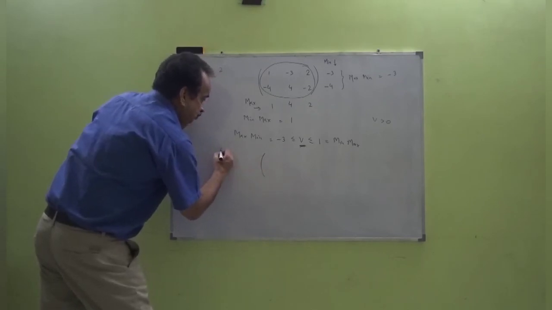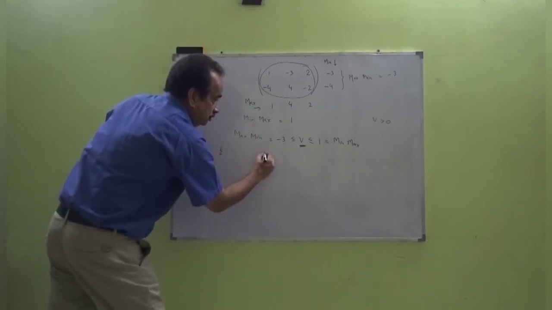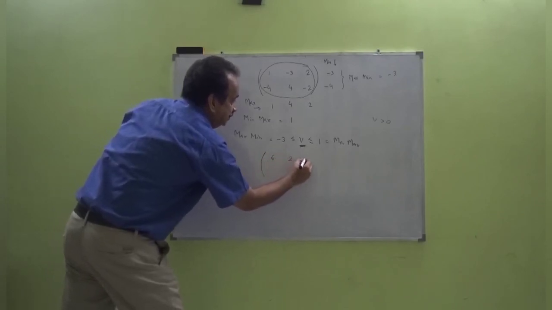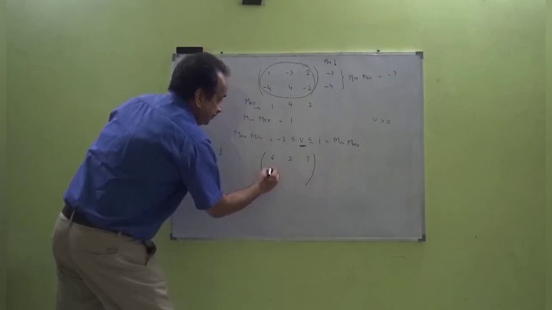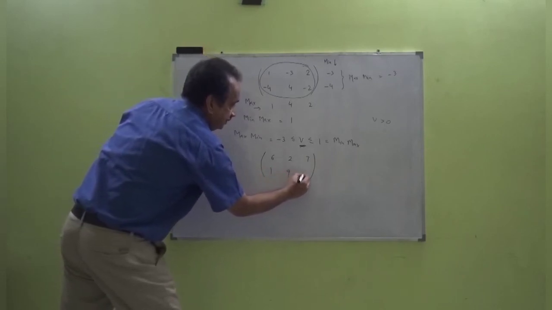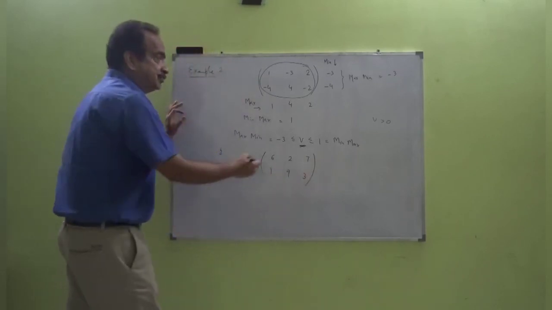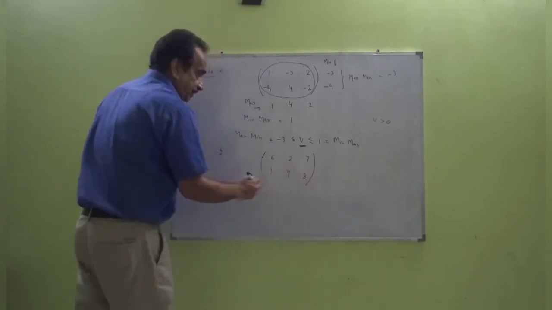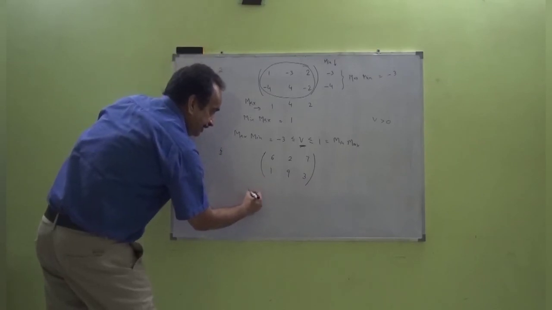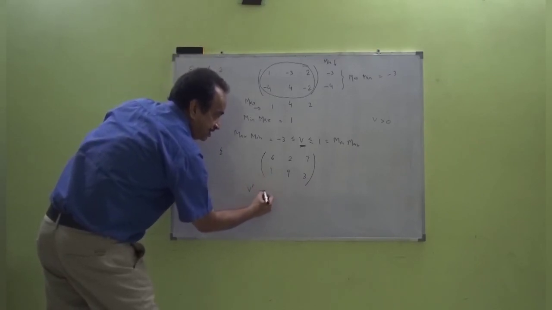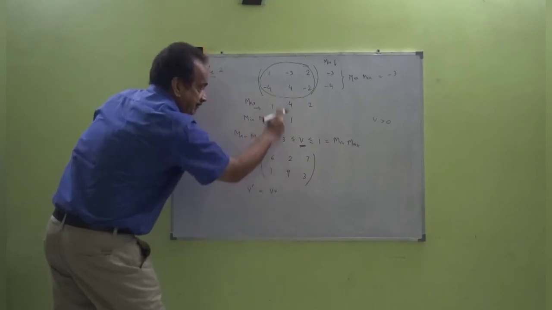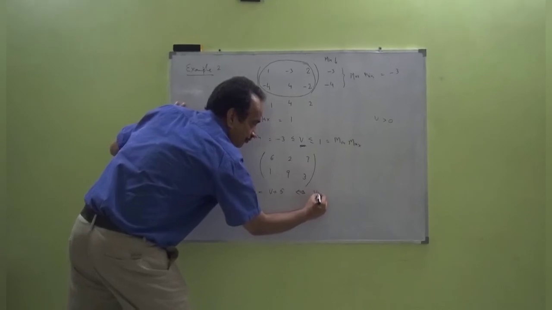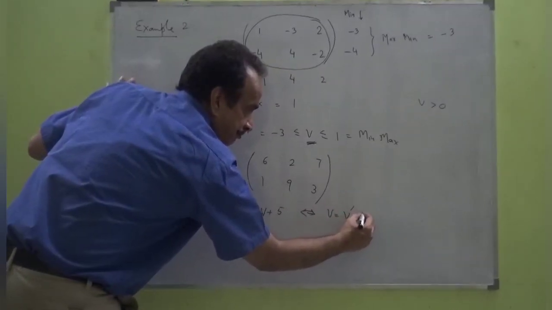Just adding 5 to the elements of this matrix, we get 6 here, 2 here, 7 here, and then 1 here, 9 here, and 3 here. Now this will definitely ensure that the value of this game is positive. In fact, if V dash is the value of this game, then V dash is equal to V plus 5, whatever element we have added, and the implication goes both ways, so V is equal to V dash minus 5.